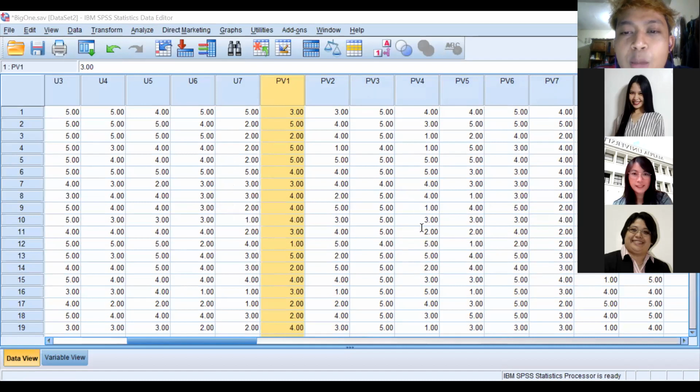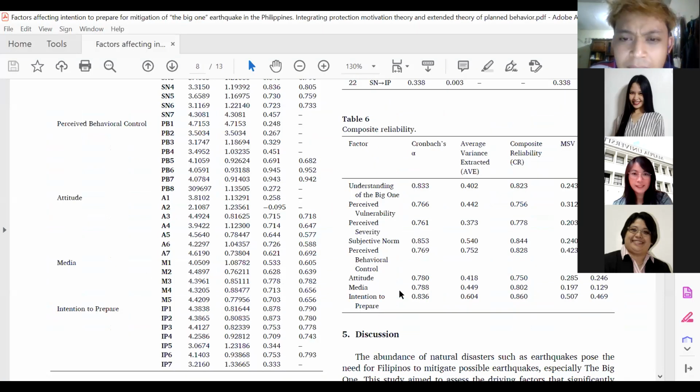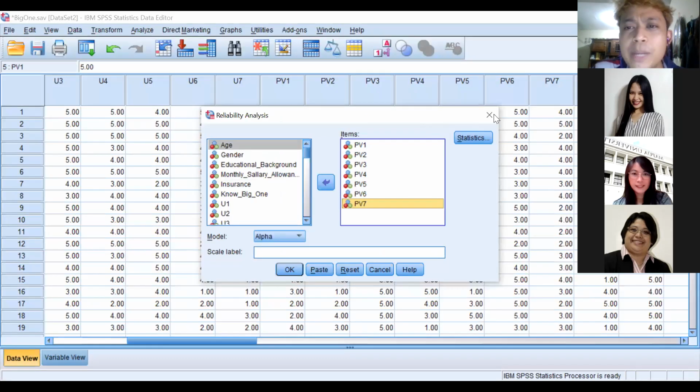Huh? What happened? Is it a mistake? I have to call Arvin. What happened? Or did I make a mistake? Wait for a while. Analyze, Scale, Reliability. No, it's correct. Or perhaps I'm opening the wrong file. No, if it's the wrong file, why is the U7 quite okay?